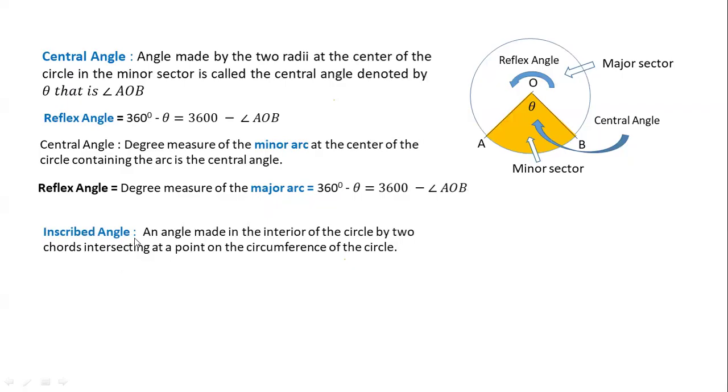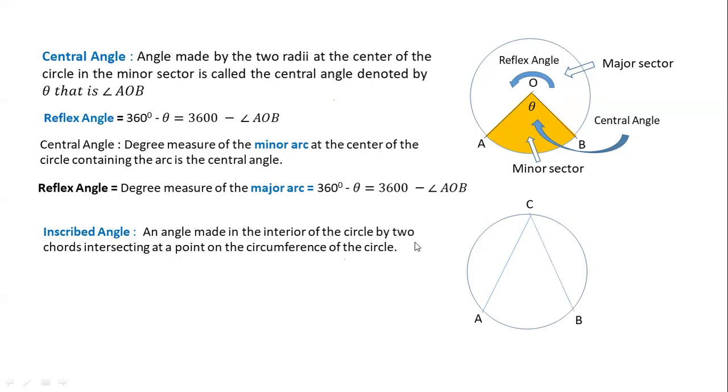An angle made in the interior of the circle, that is inside the circle, by two chords intersecting at a point on the circumference of the circle. Now let us see the figure. You will get a clear idea. This is a circle. You have one chord. This is a chord, isn't it? AC is a chord. We draw another chord.